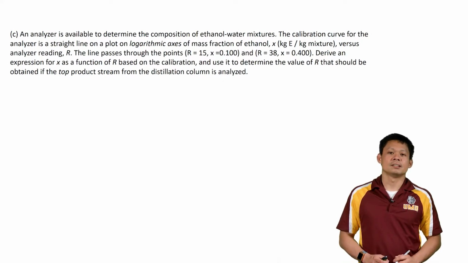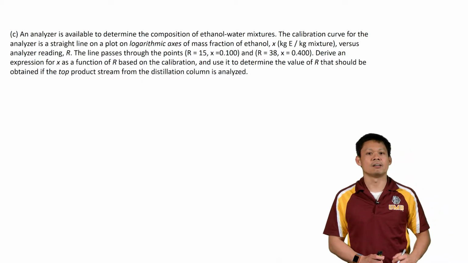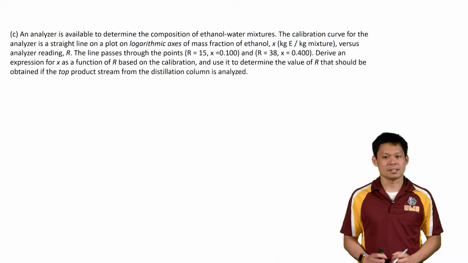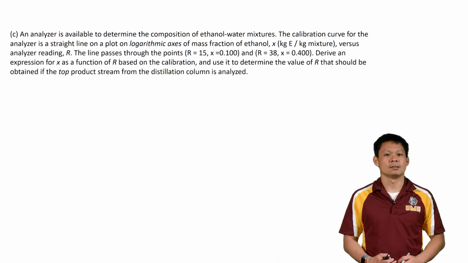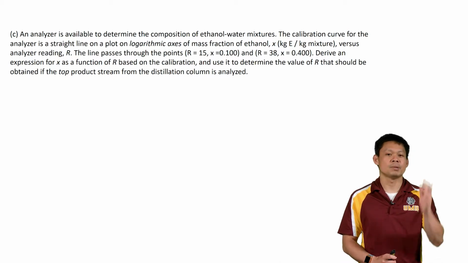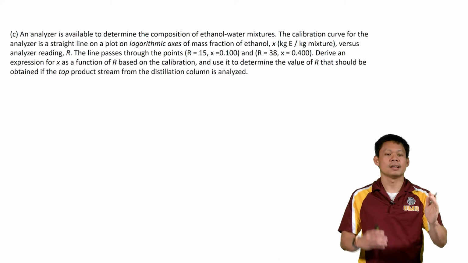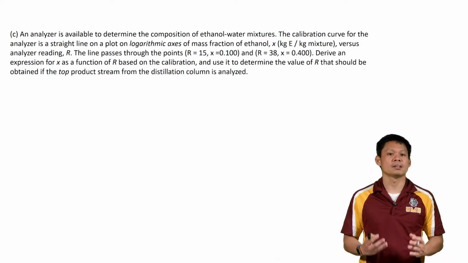It turns out that the calibration curve is a straight line when it's plotted on the log axis of mass fraction of ethanol, which is Xe, versus the analyzer reading. Remember that in terms of how we describe a graph, we say y versus x. So when it says the mass fraction versus the analyzer reading, it means the mass fraction is on the y-axis and the analyzer reading is on the x-axis. But in this case, both of them are on the log scale.